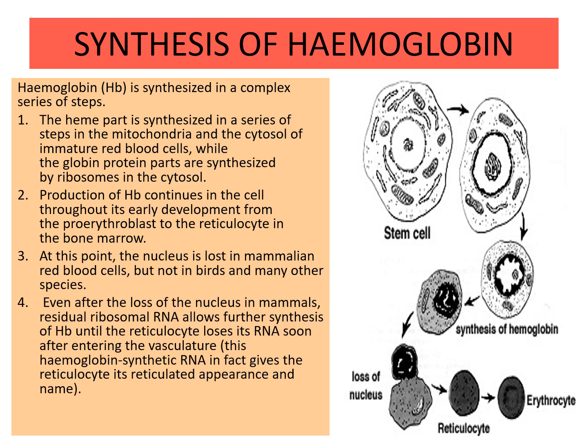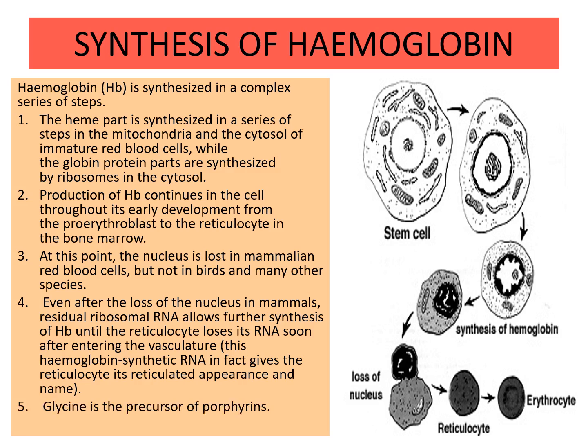Even after the loss of nucleus in the mammal, the residual ribosomal RNA allows further synthesis of hemoglobin until the reticulocyte loses its RNA soon after entering the vasculature. That is, this hemoglobin synthesis RNA in fact gives the reticulocyte its reticulated appearance, as it is named.